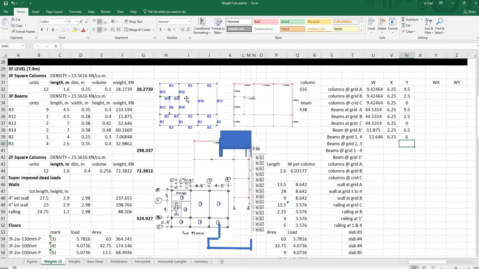Notice na parehas silang R14. Okay, so the dimension of R14 is 38 by 48. 0.38 times 0.48 times 7 meters times 2 units times 23.5616. The x coordinate again is 6.25, and then the y coordinate is again 6.